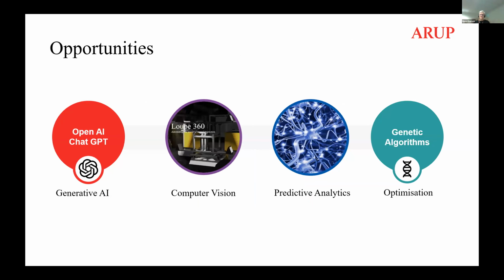Some of the opportunities that are open to us now in artificial intelligence and machine learning in the built environment would use things like generative AI, an example of which would be when they're coming up with new Elvis songs from old Elvis songs. That's generative AI.